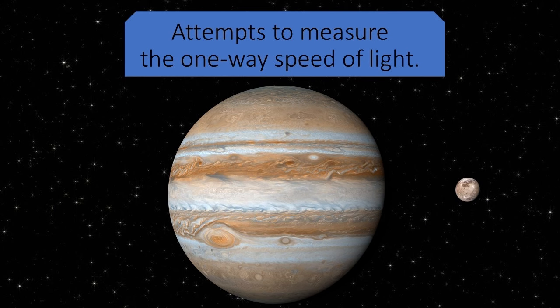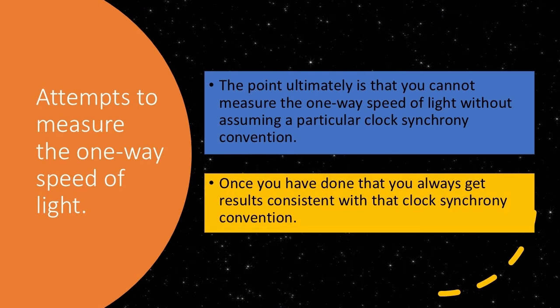Now, he did succeed in measuring the proper speed of light, because even in the anisotropic synchrony convention, the time dilation effect due to distance is related to the proper speed of light. However, it does not qualify as a measurement of the one-way speed of light in the absence of a clock synchrony convention. The point, ultimately, is that you cannot measure the one-way speed of light without assuming a particular clock synchrony convention. Once you have done that, you always get results consistent with that clock synchrony convention.